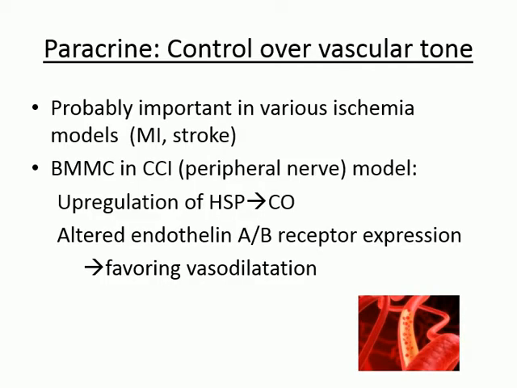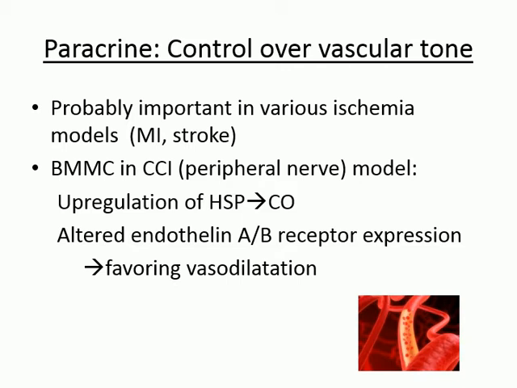So stepping away from the growth factors, another way that a paracrine effect could be mediated is through the control of vascular tone. And this slide summarizes some work from my lab at Emory outside of the eye. We were using a pain model that involved chronic constriction injury of the sciatic nerve of the rat.